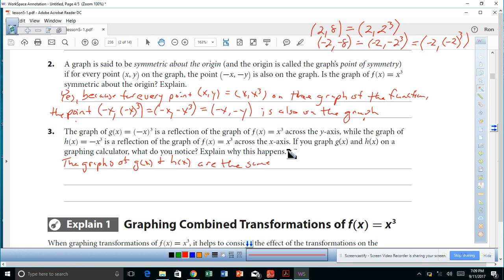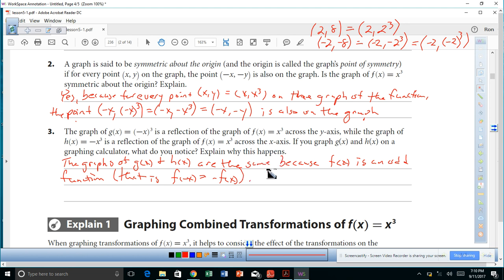They are the same because f of x is an odd function, that is, f of negative x equals negative f of x.